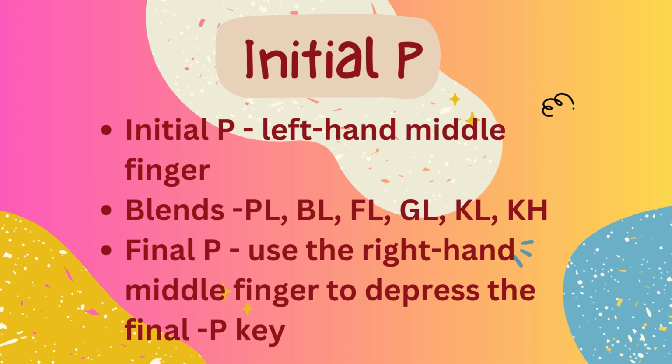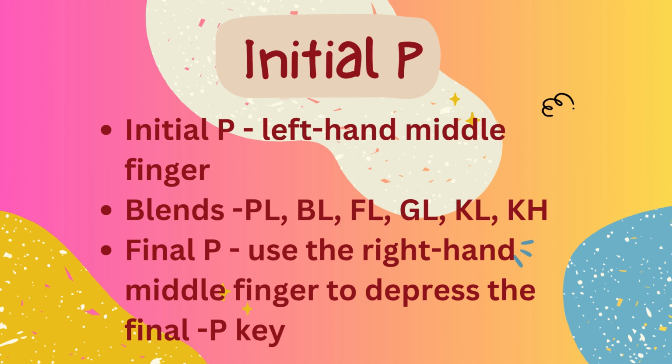Initial FL, so initial F is initial T and P, then initial L is initial H and R. So, using your left ring, middle, and index finger, you press initial FL. Initial GL is initial G, which is initial T, K, P, W, and then initial L is initial H and R. So you're still going to use your left ring, middle, and index finger, and all those fingers are on the crack.